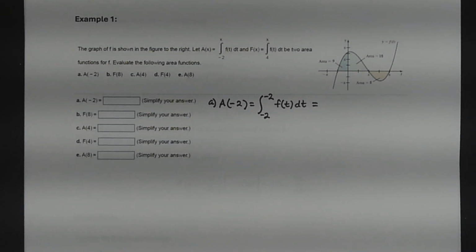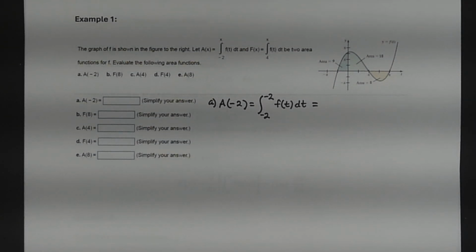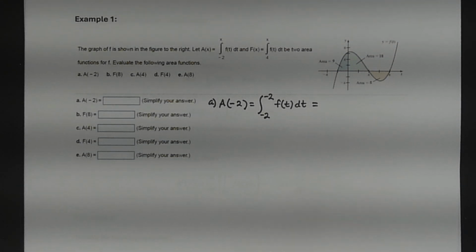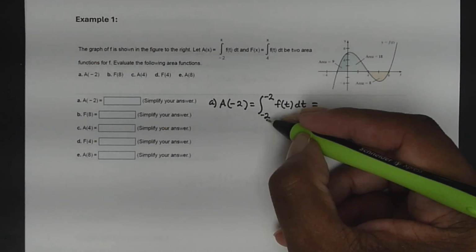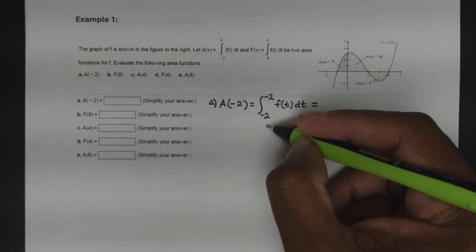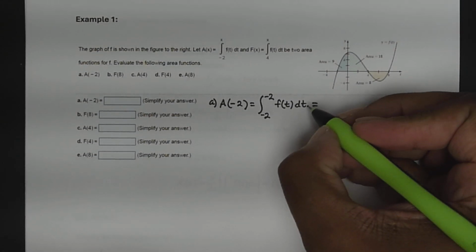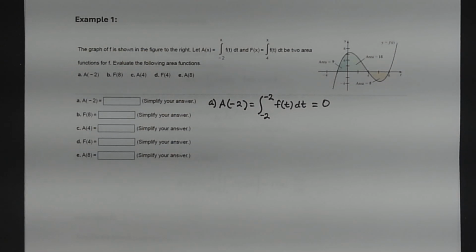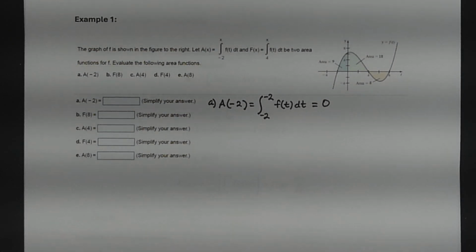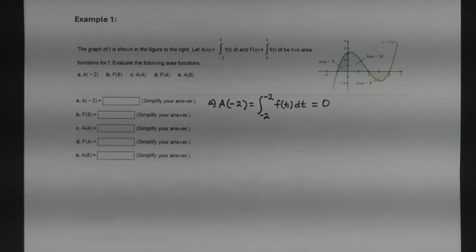Well, if you recall, in section 5.2, when we were talking about the definite integral in general, right here our upper limit and lower limit are exactly the same. So the integral from -2 to -2 of f of t dt is 0. So you might want to refer back to the video for section 5.2 when we were dealing with the definite integral.